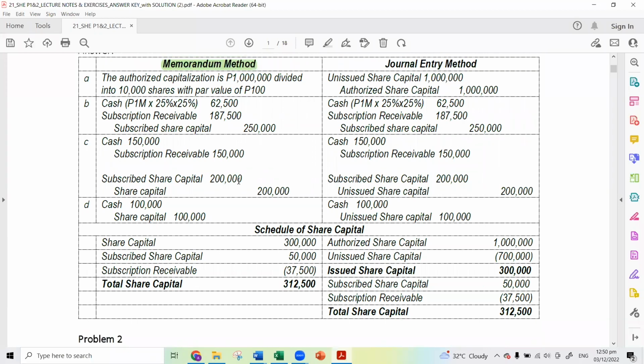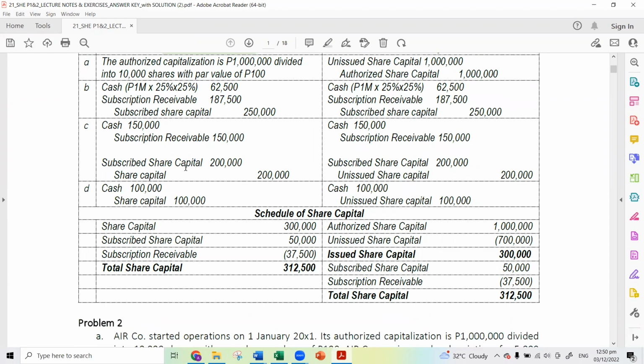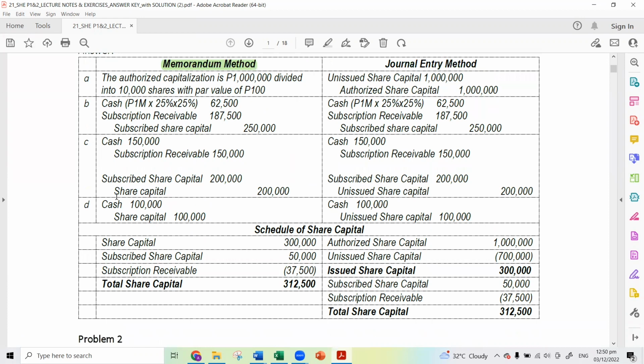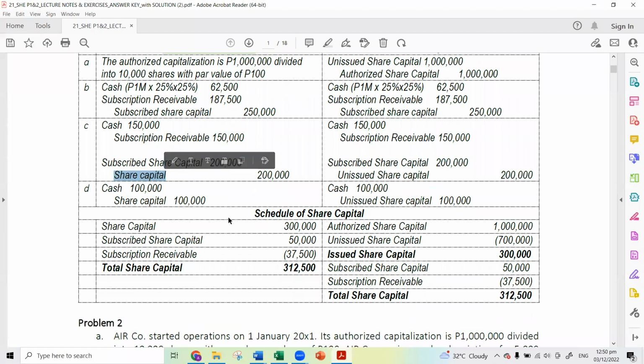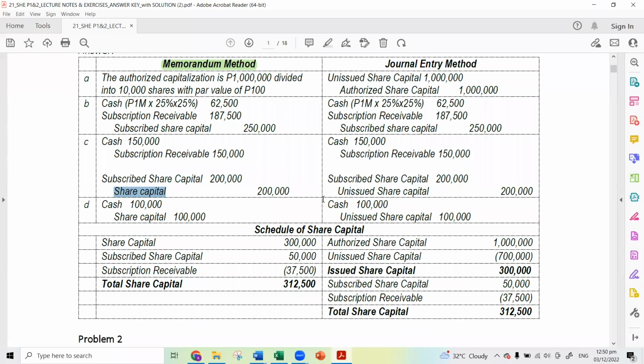So these are now the related issuance of your share capital na ang ginagamit kapag memo method is share capital, while kapag journal entry method, unissued share capital. But notice again, this share capital is the portion of the authorized share capital stock, no? Authorized share capital that is already issued.